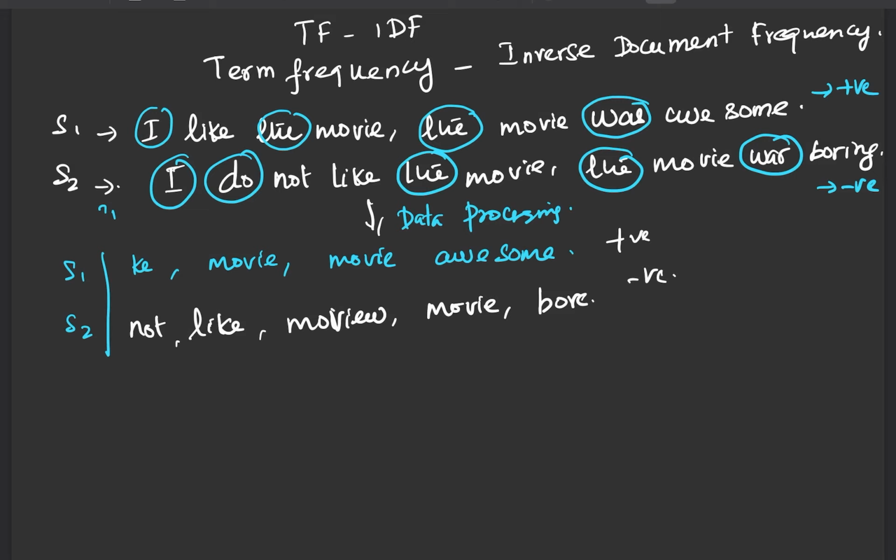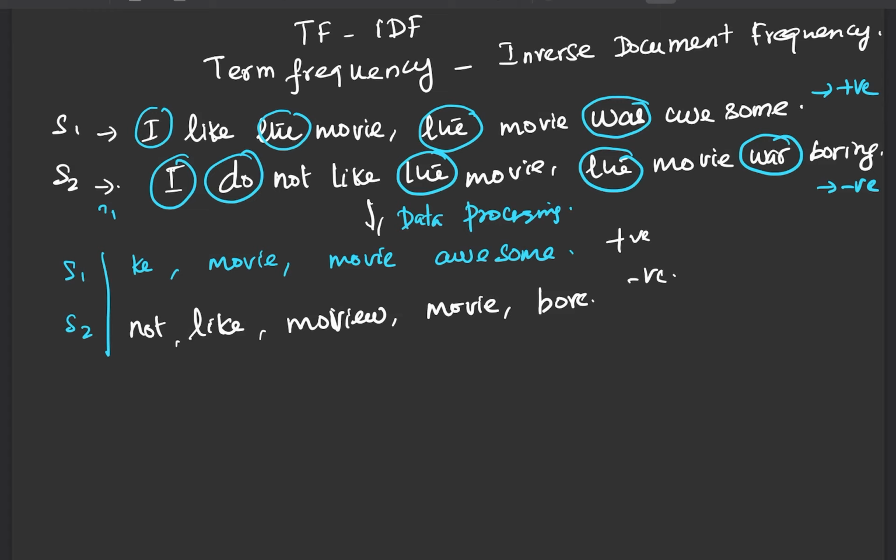Here movie appeared 2 times and awesome appeared 1 time. So term frequency would suggest that the word movie is more important than awesome and like, but that is not true.